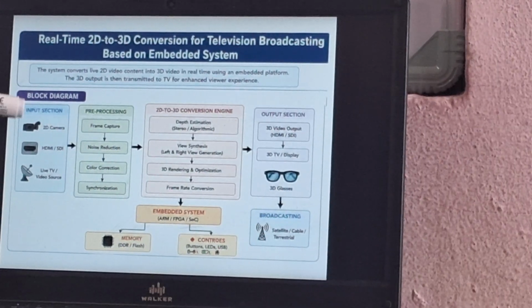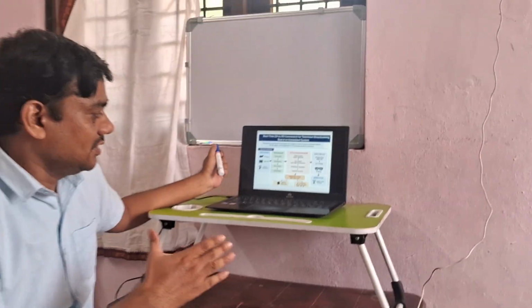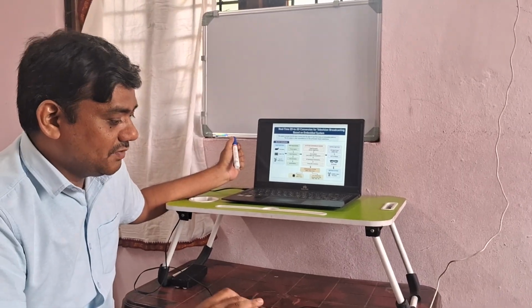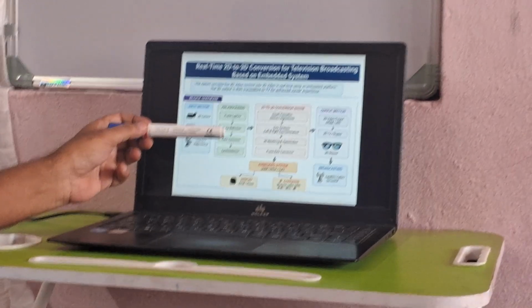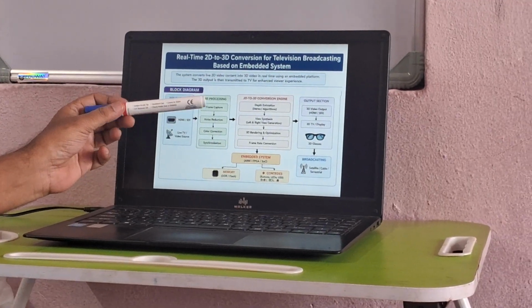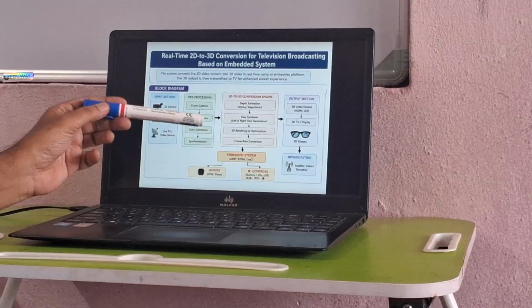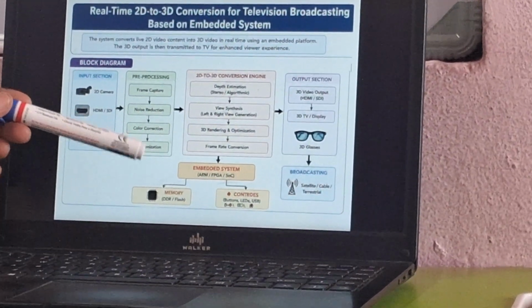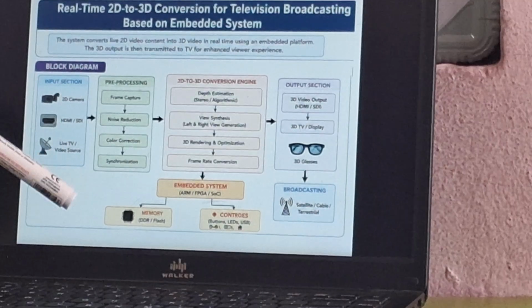The next step is 3D, where the balance between left and right eye is calculated, and finally the effective frame rate is calculated. All these steps happen in the embedded system processor based on FPGA, and finally the data is stored in the flash memory or DDR.